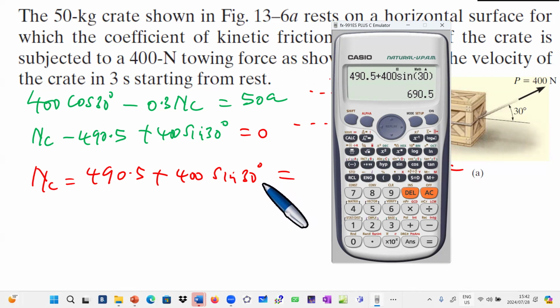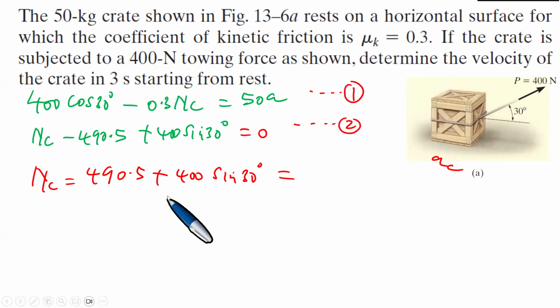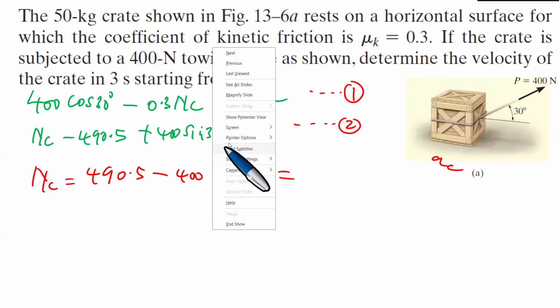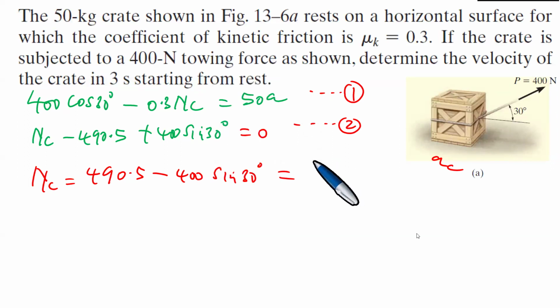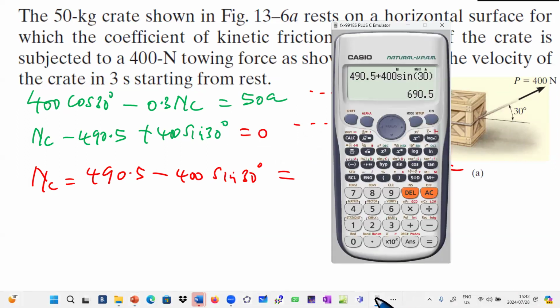Apologies, I lost you there. Okay, so it's minus here. Just check: it's minus here because if you transpose this, this is positive and this is going to be negative. Apologies, I did not realize it. It happens, I think it's the network sometimes.